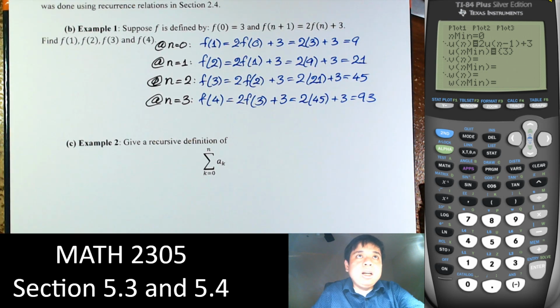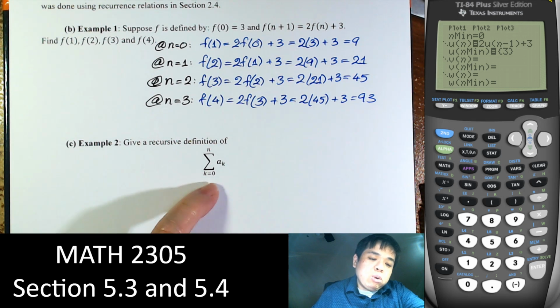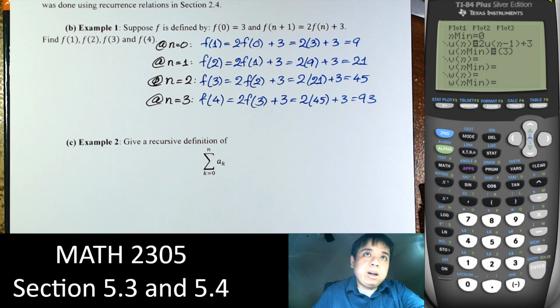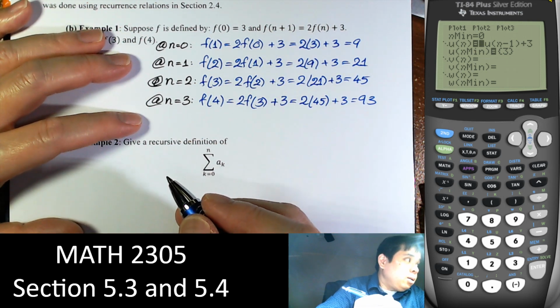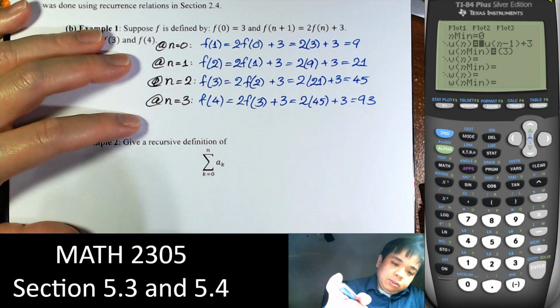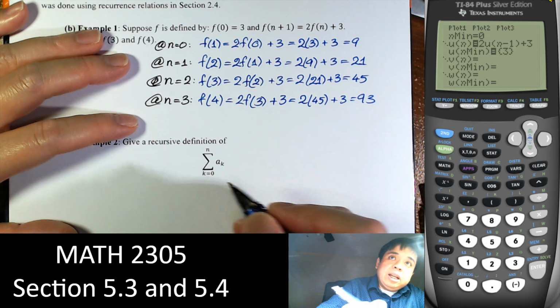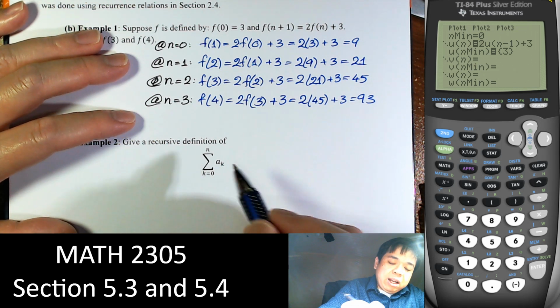Right, next, recursively define this summation. Let's say if k equals 0, we just have a of 0. So at 0 we have a of 0.